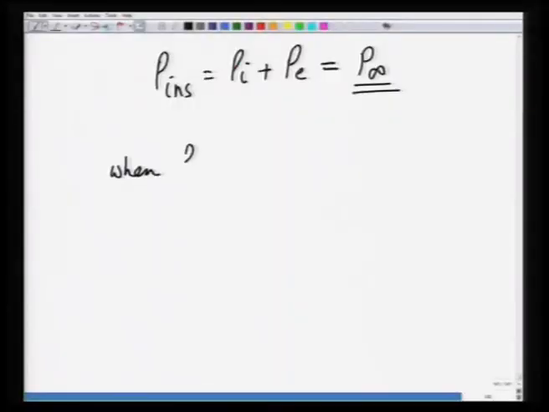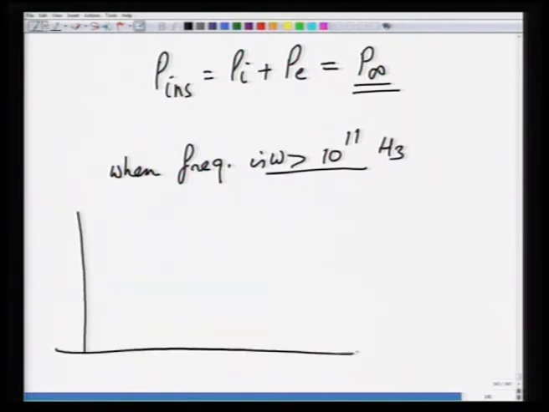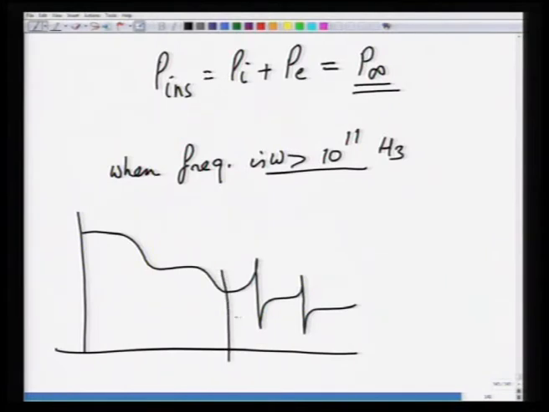We also know that when the frequency omega is greater than, let us say, 10 to the power 11 hertz, if you look at this plot, when omega is beyond this limit, in this frequency range, then epsilon r infinity is the static dielectric constant in the unrelaxed condition.